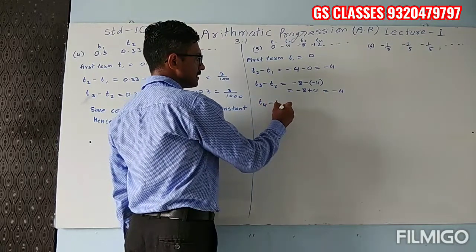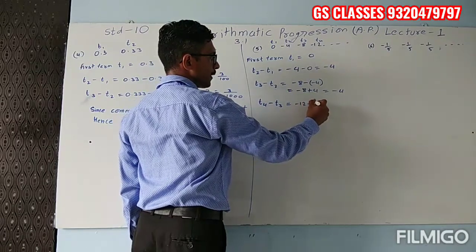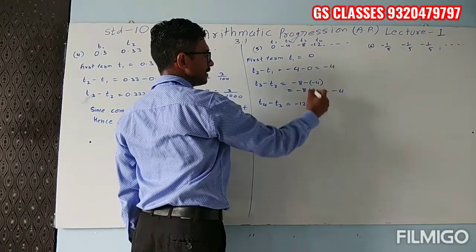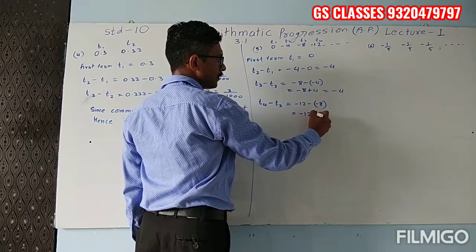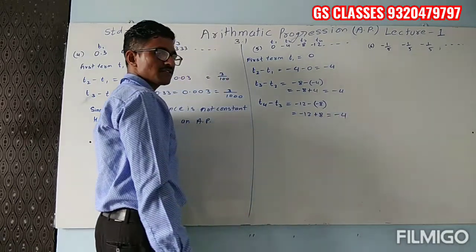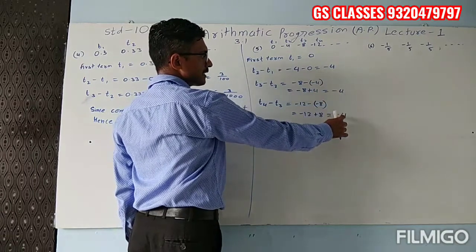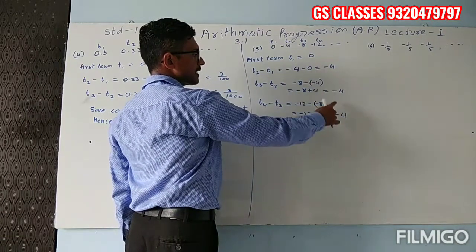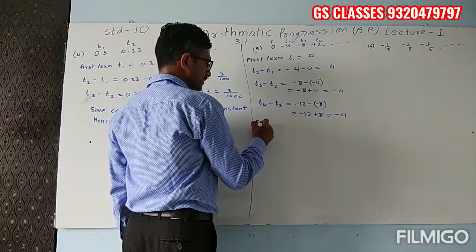T4 minus T3. This is minus 12 plus 8. Finally it comes out as minus 4. Now children, we can see that the differences are constant. So this is an AP. We will write our answer.